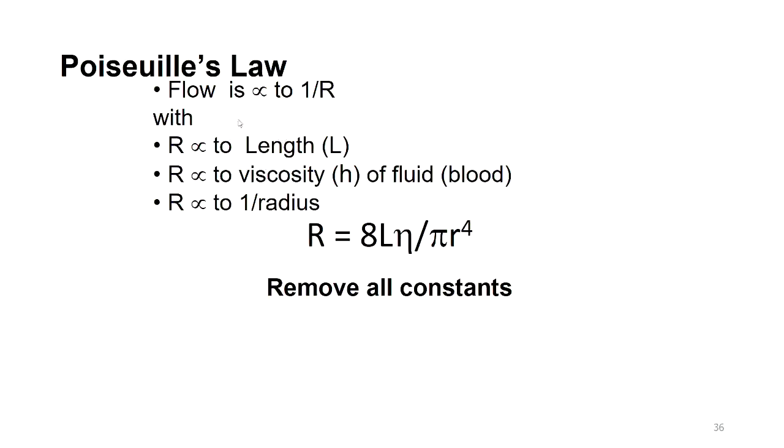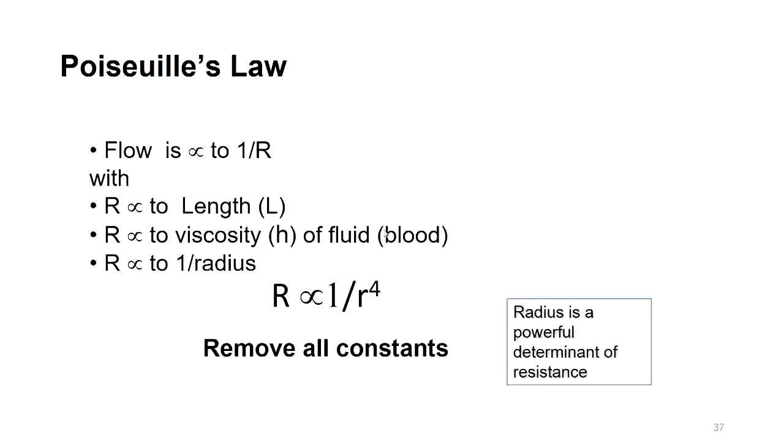Well, anyway, that relationship says resistance to flow is proportional to length, viscosity, and 1 over the radius. If we get rid of things that we think are constant in a particular vascular bed, we get the resistance being proportional to the radius to the power of 4.